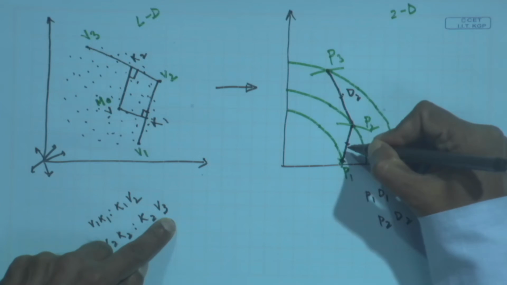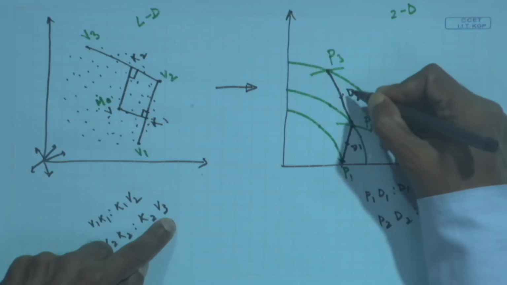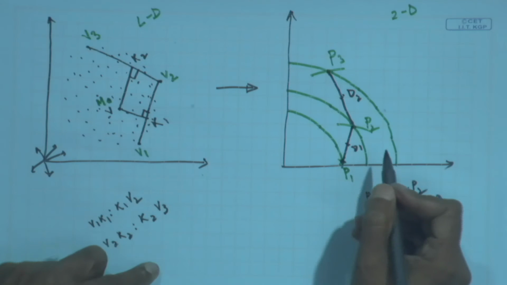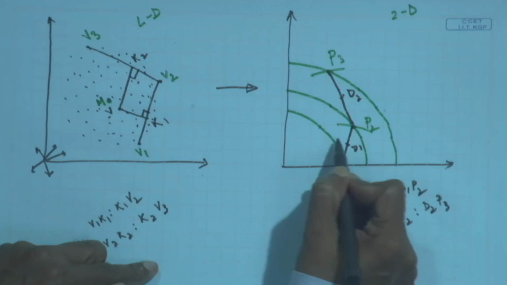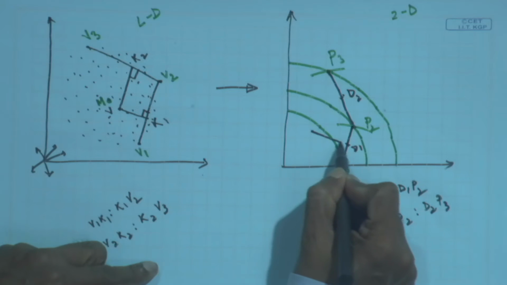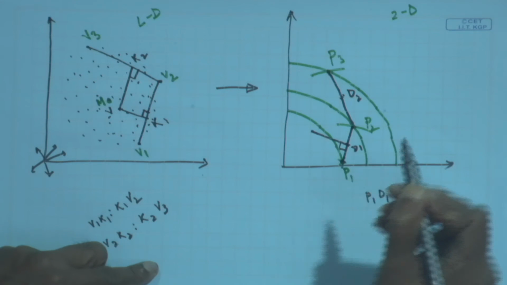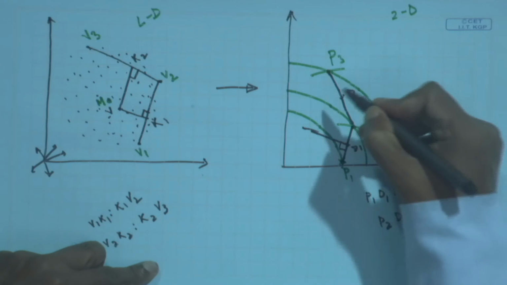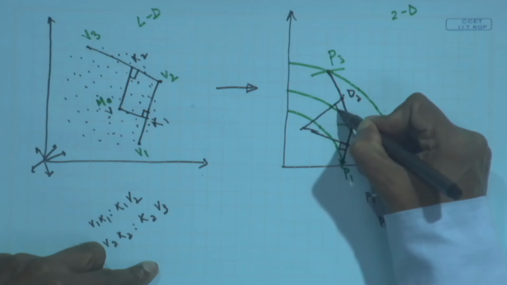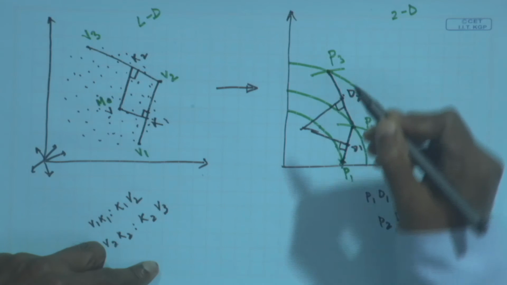Once I have located D1 and D2, we draw a perpendicular to the line P1P2 at the point D1, at 90 degrees, and similarly draw another perpendicular at the point D2 on the line P2P3.